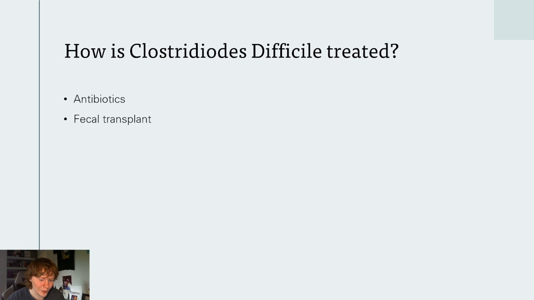If that is occurring, what can be done is a stool sample with healthy bacteria in it is tested to see if the healthy bacteria are present, and then you get surgery where the large intestine is opened up, you put the healthy feces into the affected area, and then it introduces good bacteria back in to prevent more overgrowth and even get rid of the C. diff.